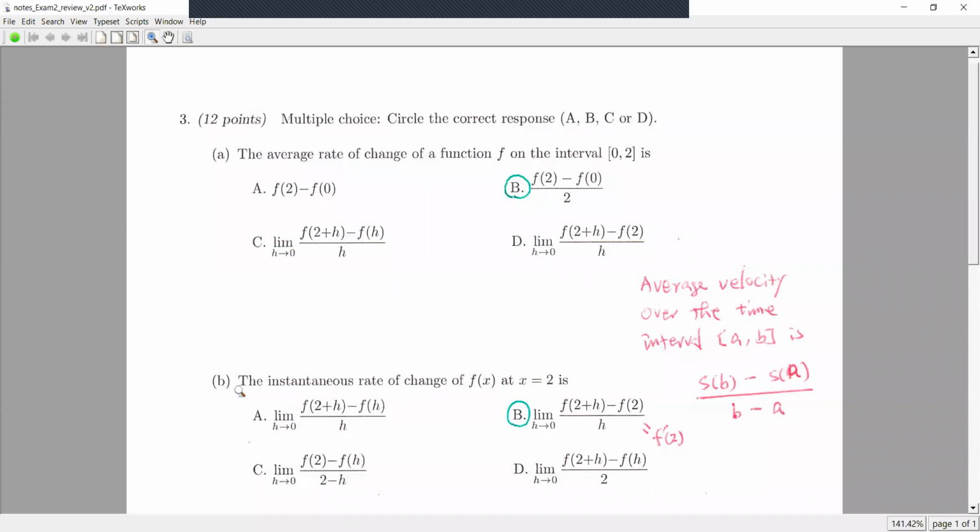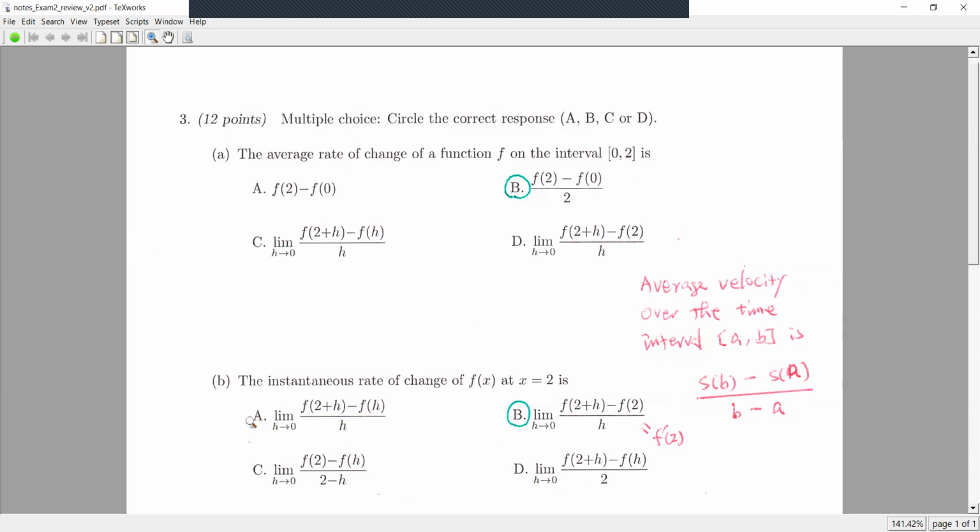Part B. The instantaneous rate of change of function f at a point 2 is B. The instantaneous rate of change of function f at a point 2 should be the derivative of f at 2. By definition, the derivative of f at 2 is this limit. The limits in A, C, and D are close to this limit, but still different.